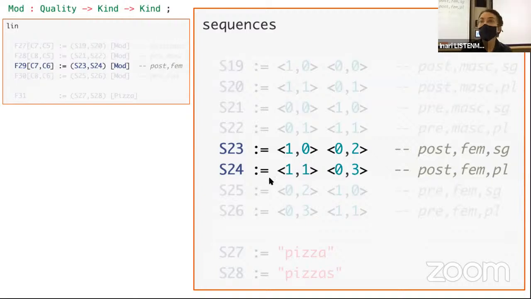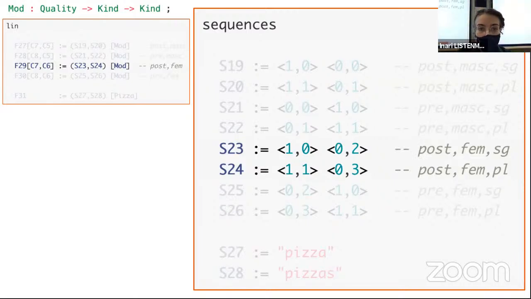This F29 used to be the mod that takes a post modifier quality and feminine kind. If we remember from a couple of slides back, quality has 4 strings in it because it comes from a nested inflection table, so it's both the gender and the number. And kind has 2 strings, just like we saw in pizzas.